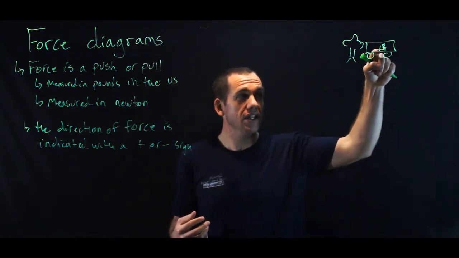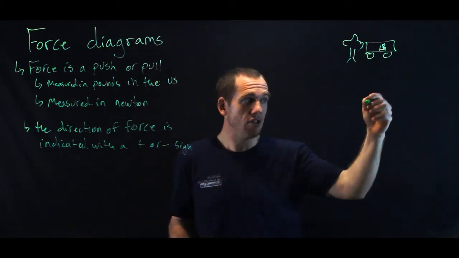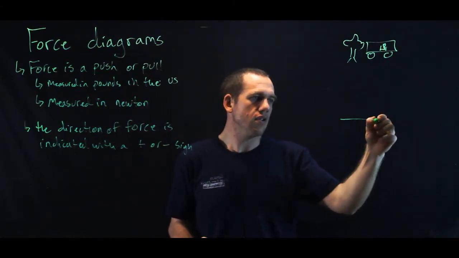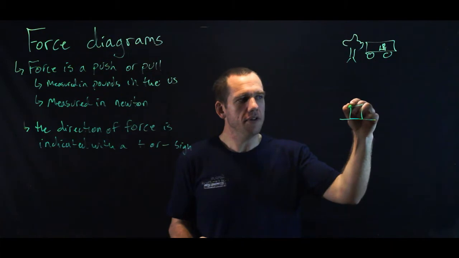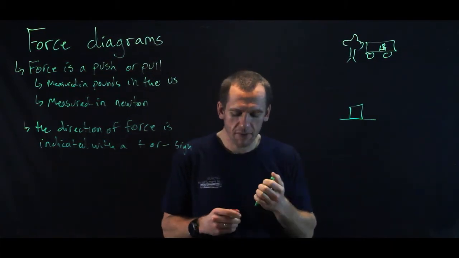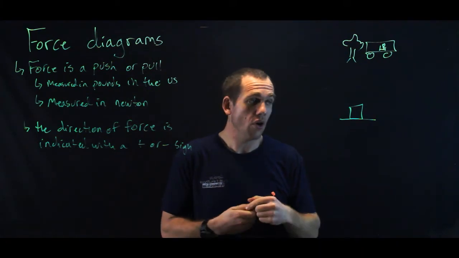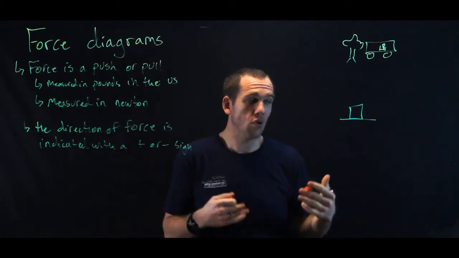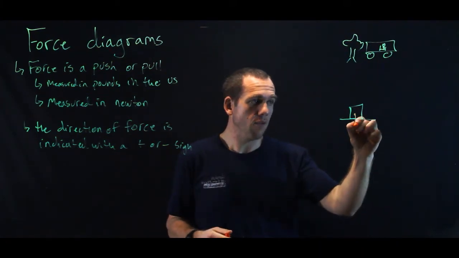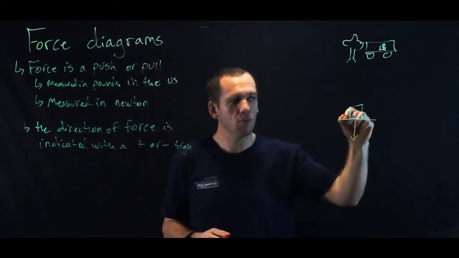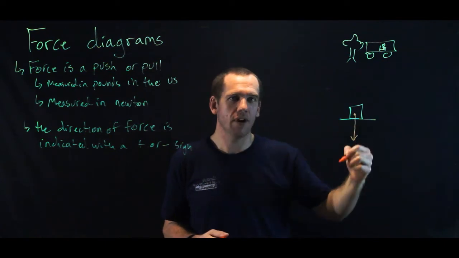So if you are sitting here on that bench, and I'm going to draw this bigger, and I like to draw all objects as blocks. So here's the bench, and here's you sitting on the bench. What forces would be acting on you? Well, because we are on Earth, Earth always exerts a force on you towards the center of Earth, and that force is called gravity. So I draw that arrow starting on the object on which it acts and pointing in the direction of the force.